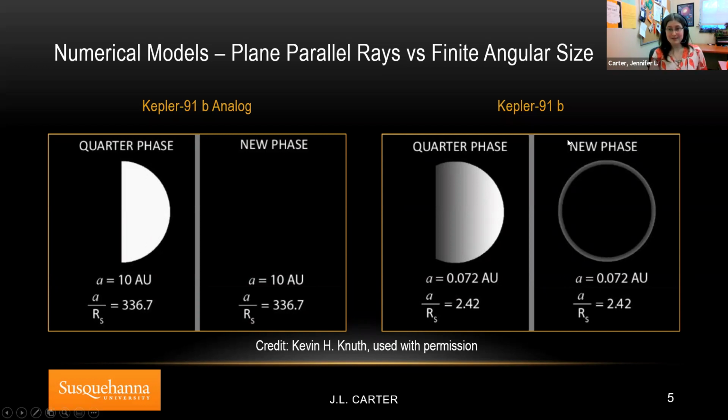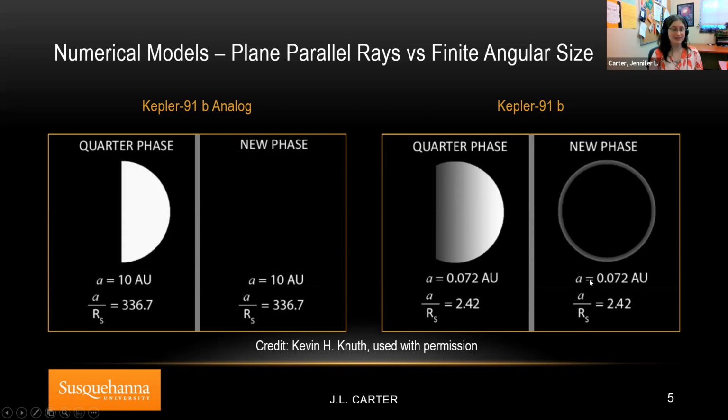Using numerical models for Kepler-91b's true star-planet separation, or semi-major axis, I should say, of 0.072 astronomical units, this is what we get. We see that much more of the planet is now reflecting light. It doesn't appear very uniform. There's this gradient that we don't see in the plane parallel ray case.